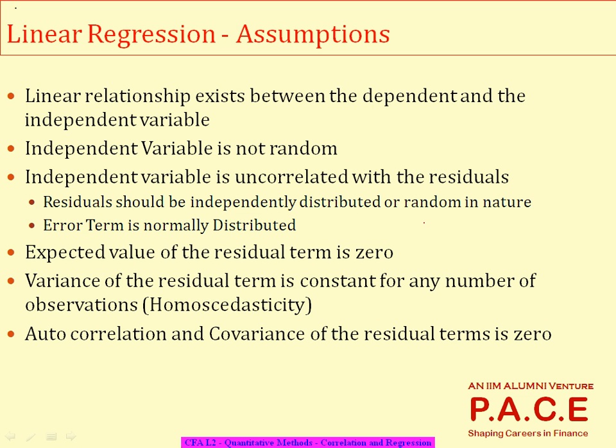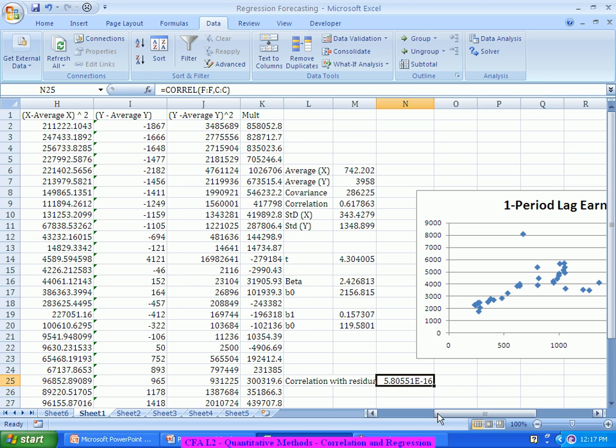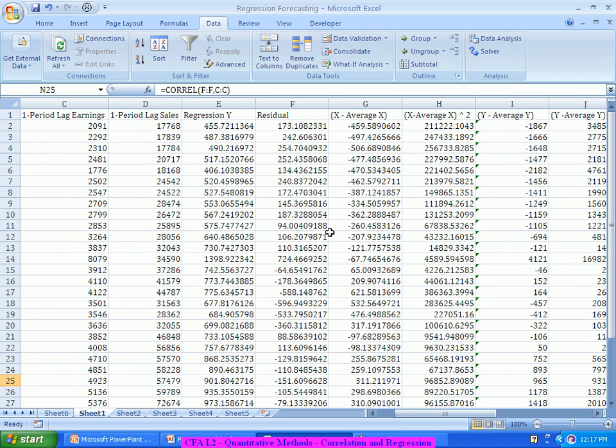Independent variable is uncorrelated with the residuals, and residuals should be independently distributed or random in nature. I should not find any kind of pattern in the residuals. Even when I plot a graph of the residuals, it should be completely random.